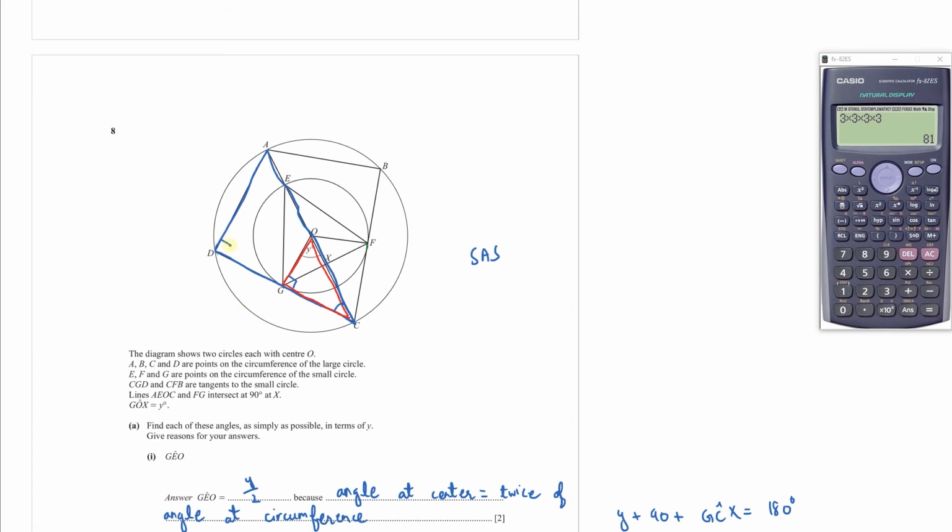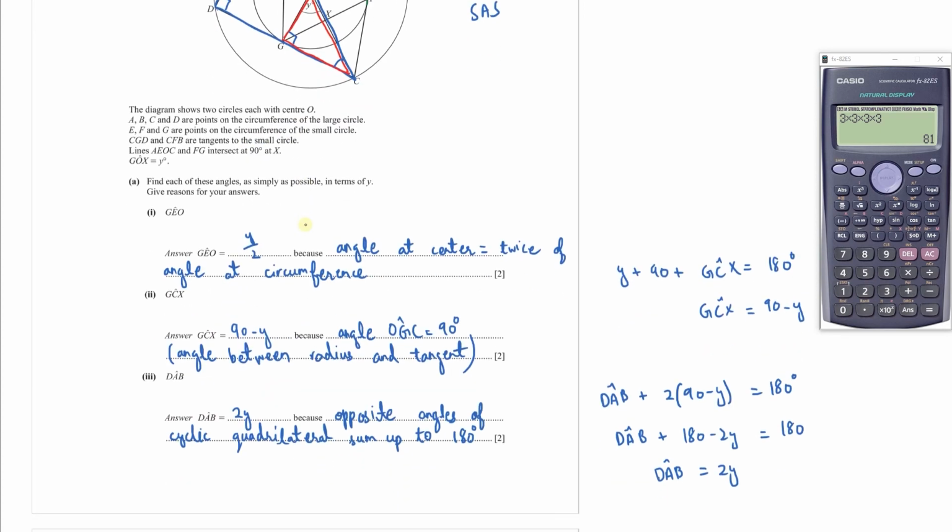And then this angle is also 90 degrees because this is an angle in a semicircle. So if you look at this outer bigger circle, this is the diameter. So the angle subtended by the diameter at the circumference of this circle is 90 degrees, or you can also call it the angle in the semicircle. So two angles are equal. That means the third angle is also equal. So this will be y as well.